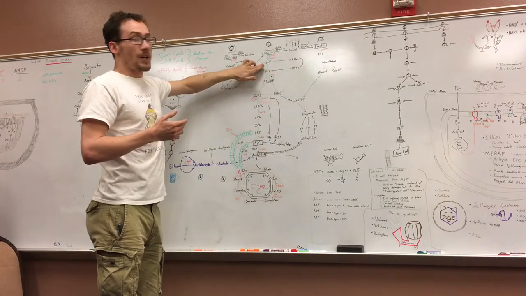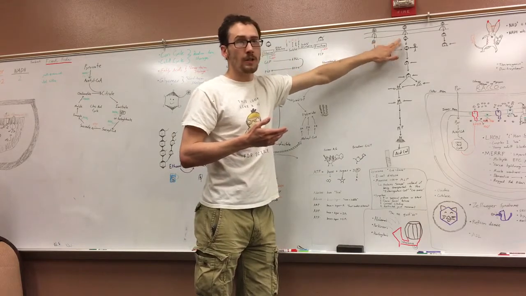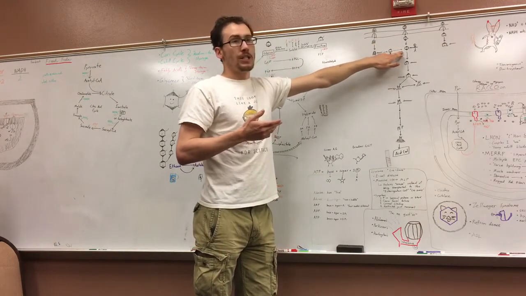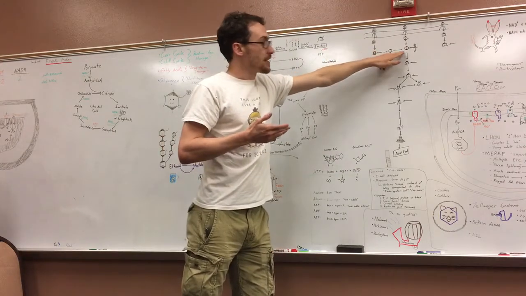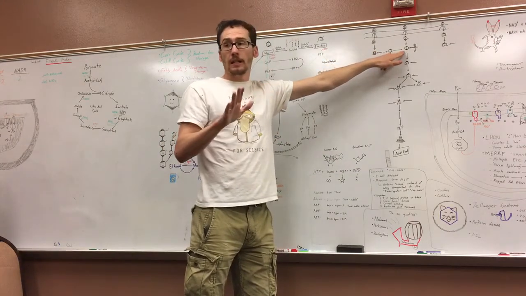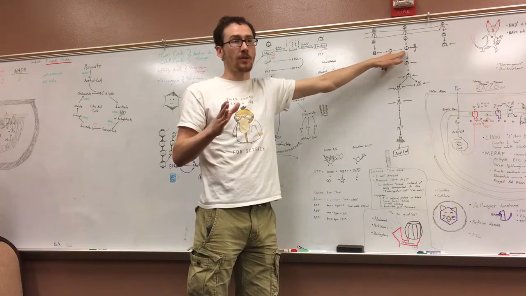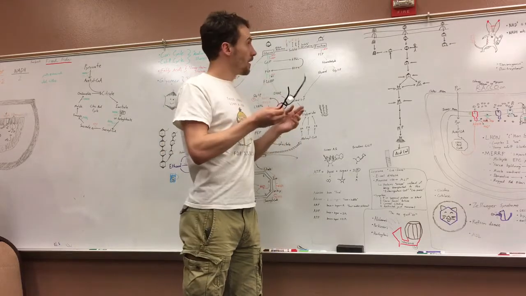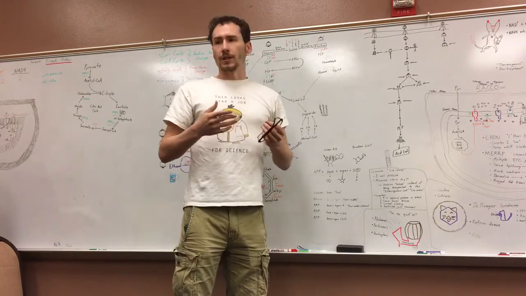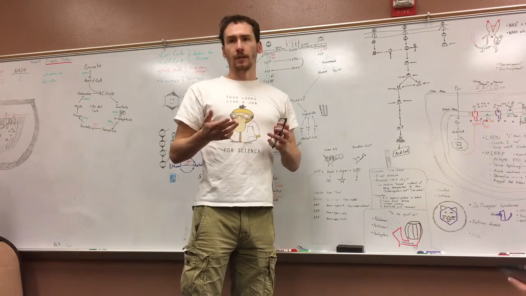So 1 phosphate is added. So we go from glucose to G6P. Now the glucose can no longer leave the cell, right? The gypsy guy can no longer leave because he's been arrested, which makes a lot of sense because if sugar was able to just leave our cells anytime, that'd be really inefficient.